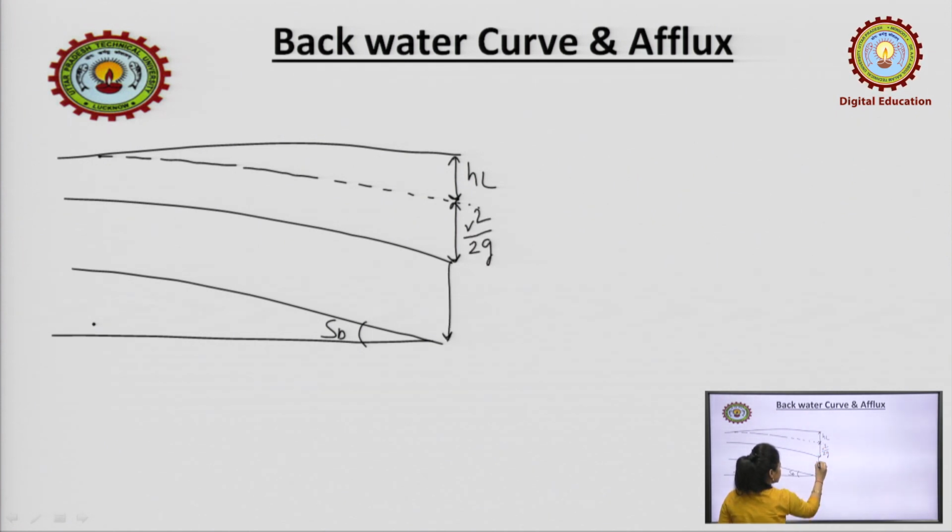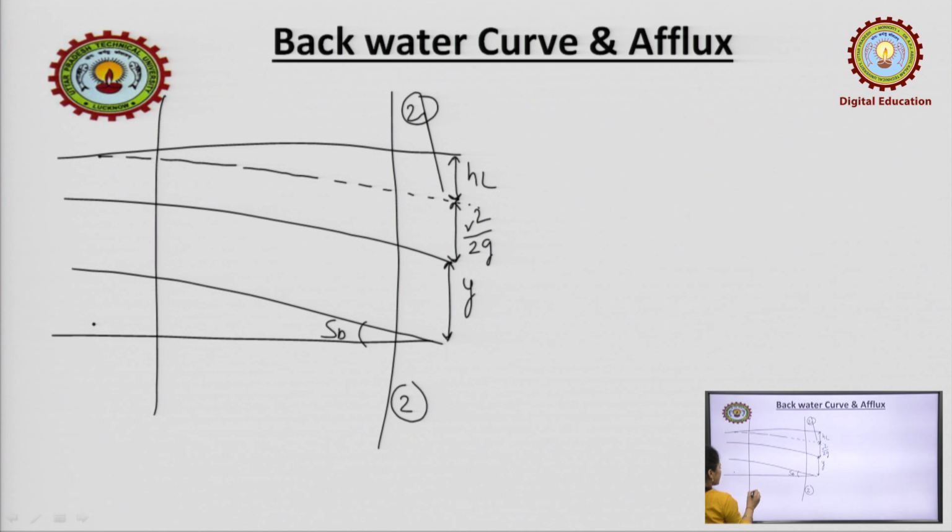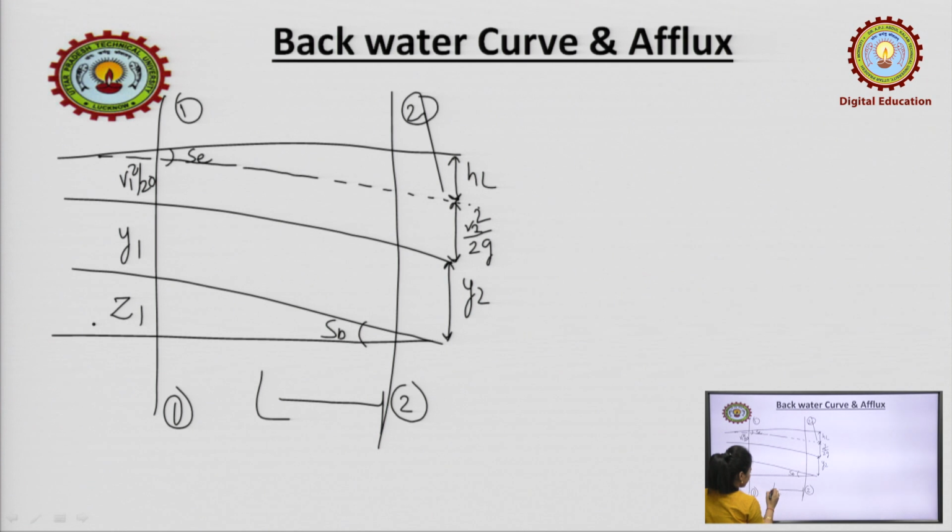Let us suppose this is section 2 and this is section 1. So this will be V2 and Y2, and this will be Z1, Y1, and V1 square by 2G, and this will be the energy slope. Let us suppose it has a span of L meters, which we need to calculate.